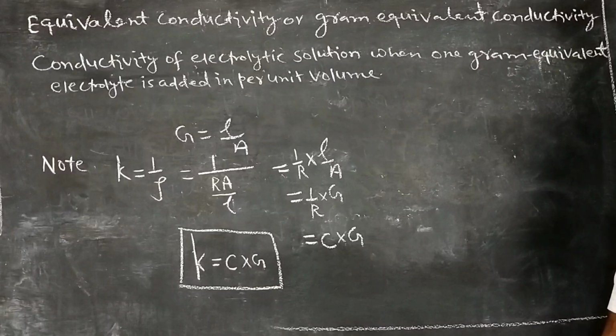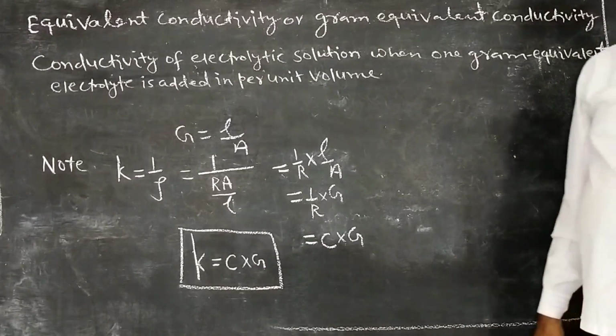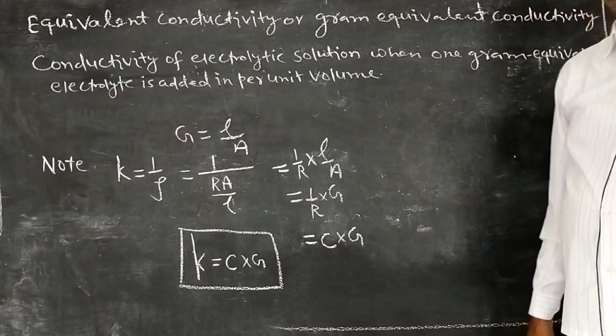For an oxidizing or reducing agent, molar mass upon change in oxidation number. For an electrolyte, molar mass upon number of positive charge except H plus.